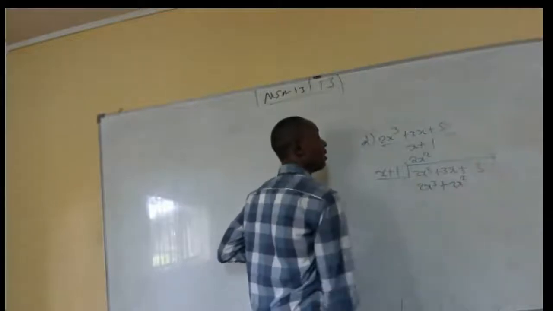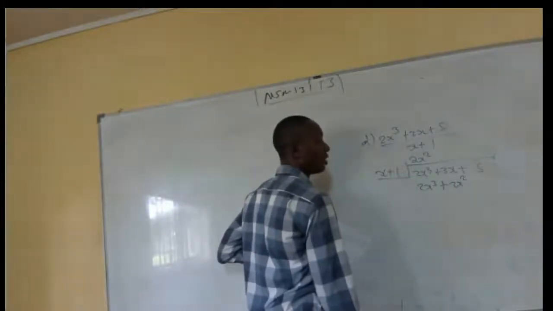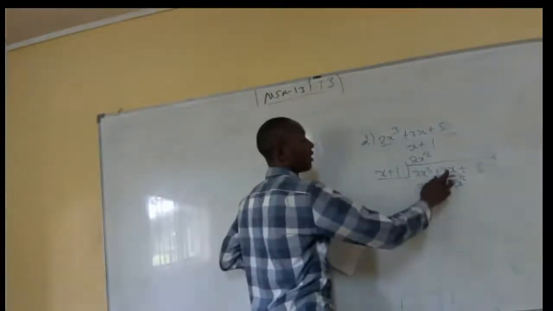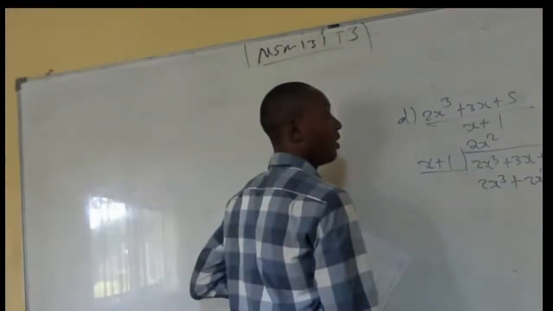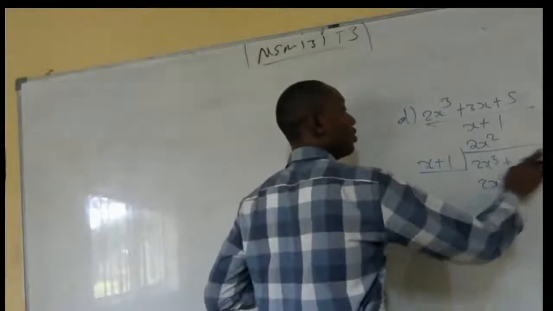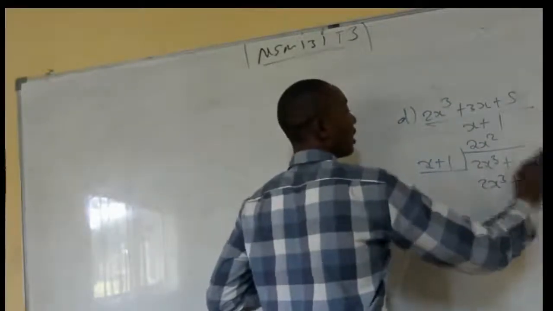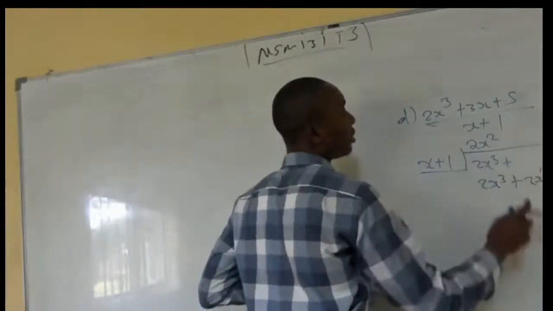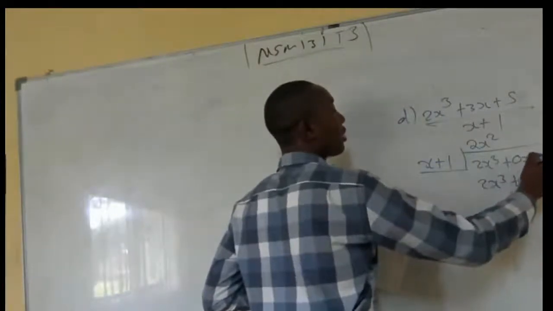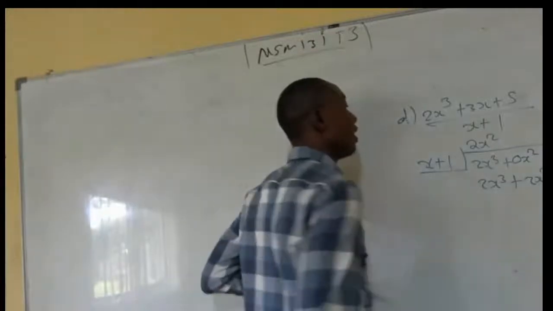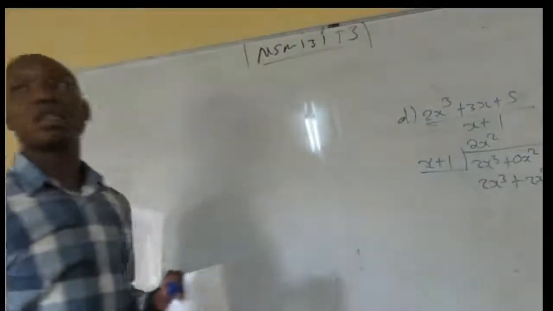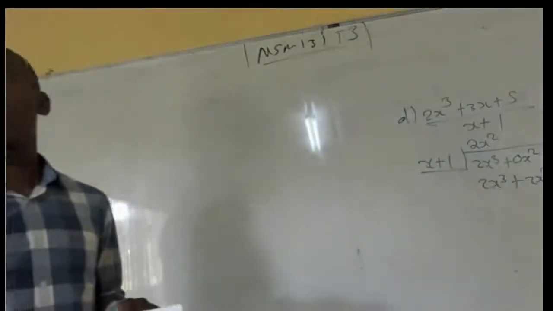But one of the things you will notice is that here, the x squared term is missing. So I could have actually written the dividend as 2x cubed plus 0x squared plus 3x plus 5. It's safe for you to write it like that whenever you are faced with such questions.